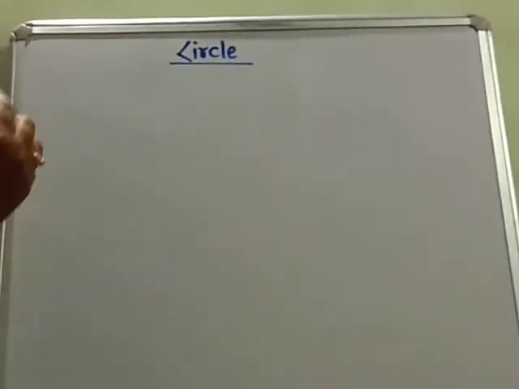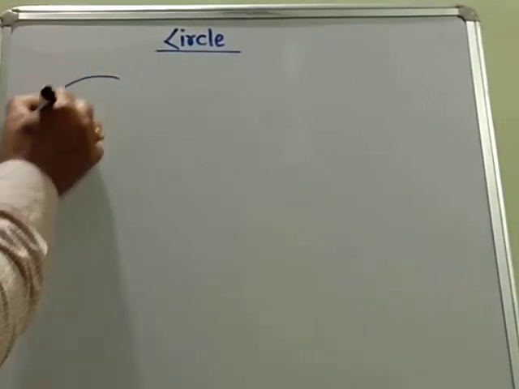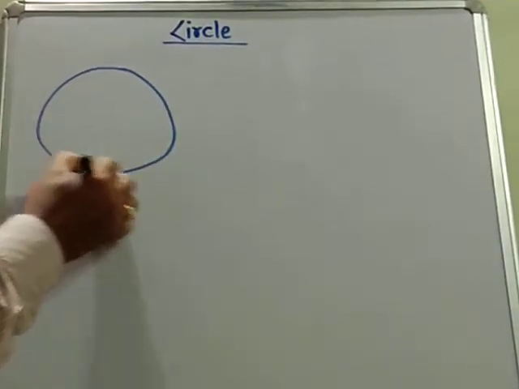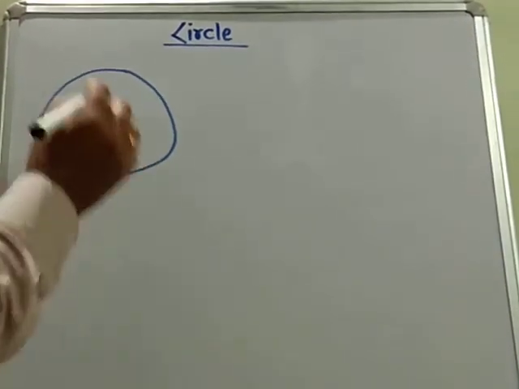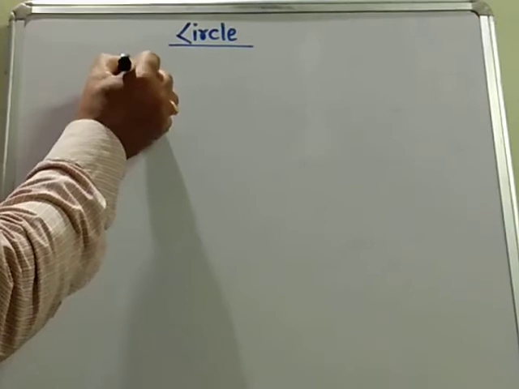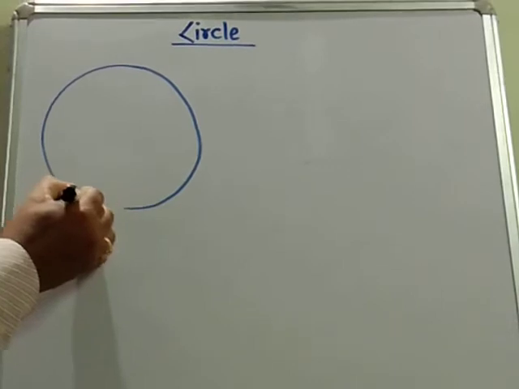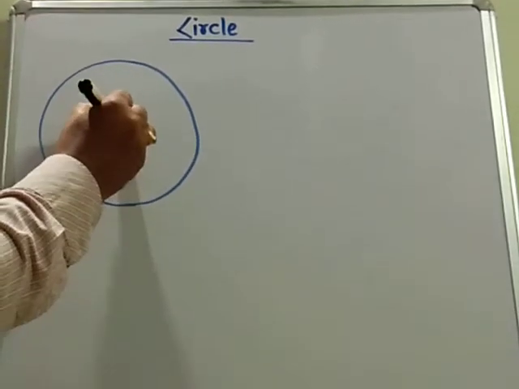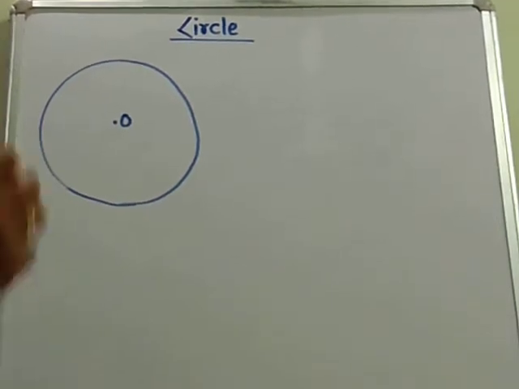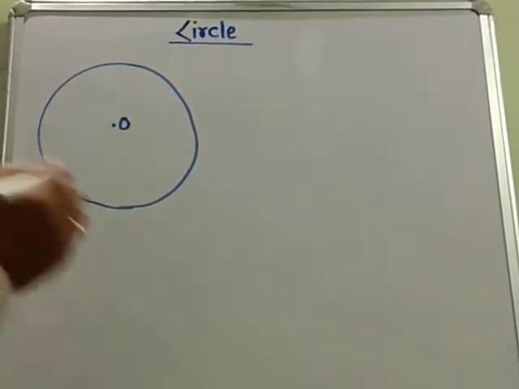Also we saw some properties of the chord. Suppose this is a circle, O is the center. A perpendicular drawn from the center of the circle to its chord bisects the chord.